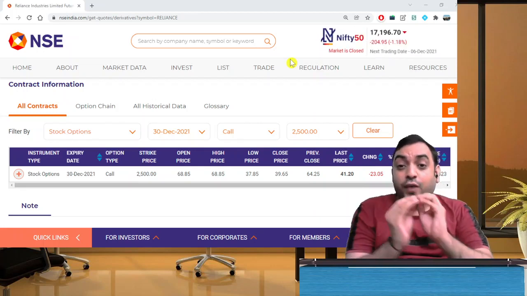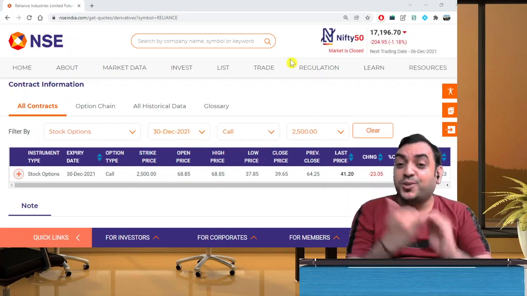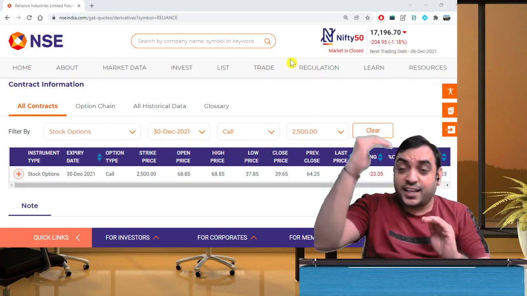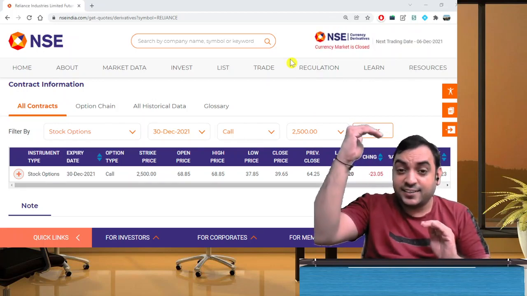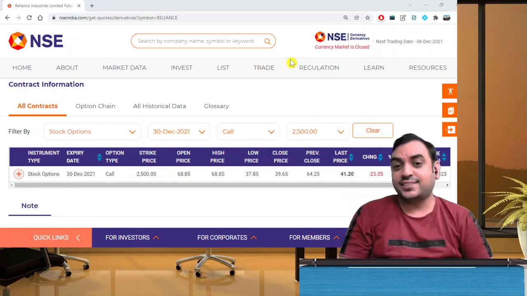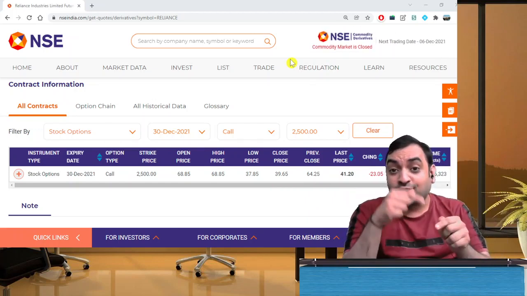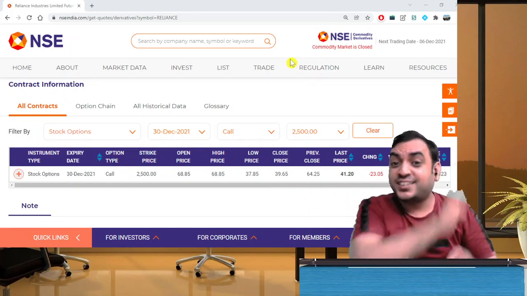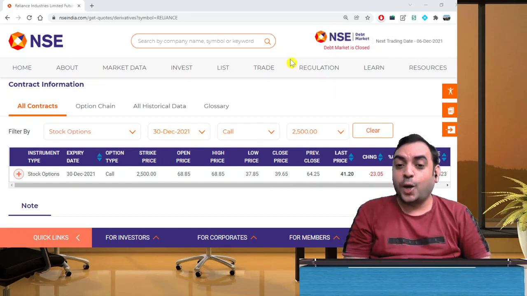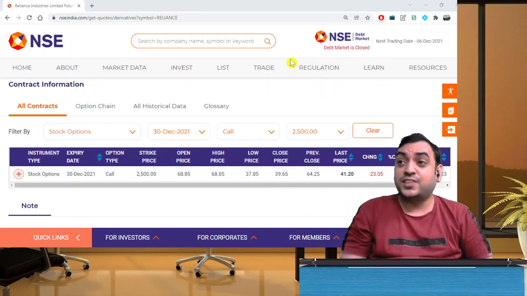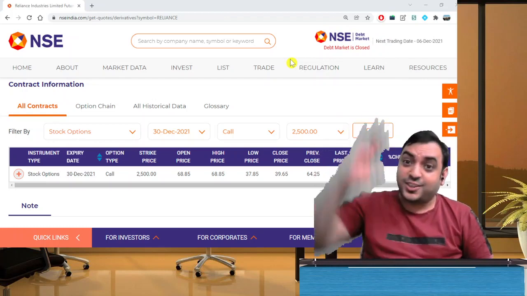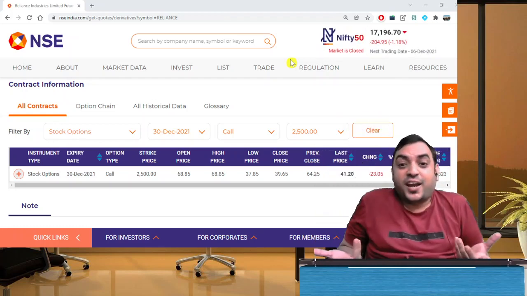So when does this option become beneficial to you? If the market rises, this option will be useful for you because your purchase price is fixed. In a call option, your purchase price is fixed. Market price can go to 3000 rupees at the end of the month, I don't know.